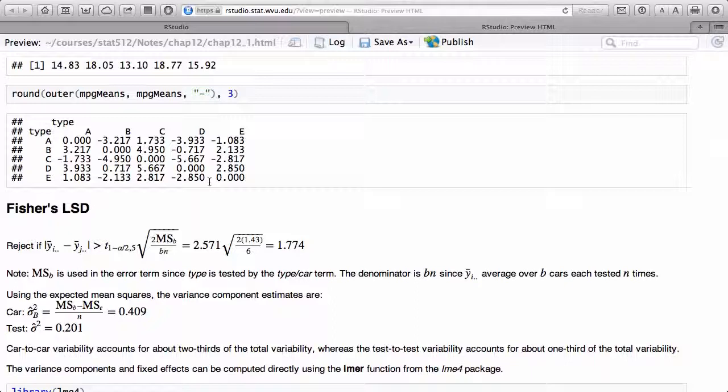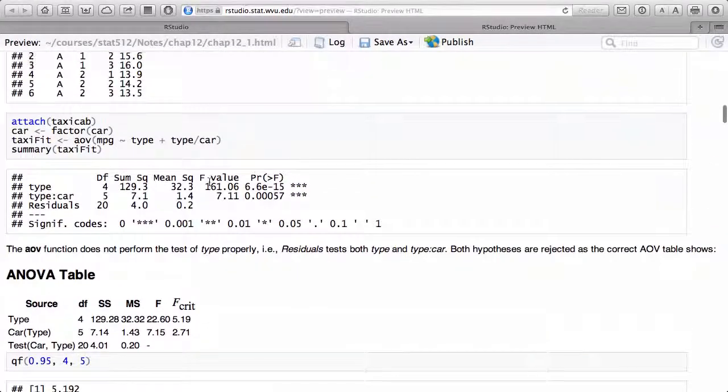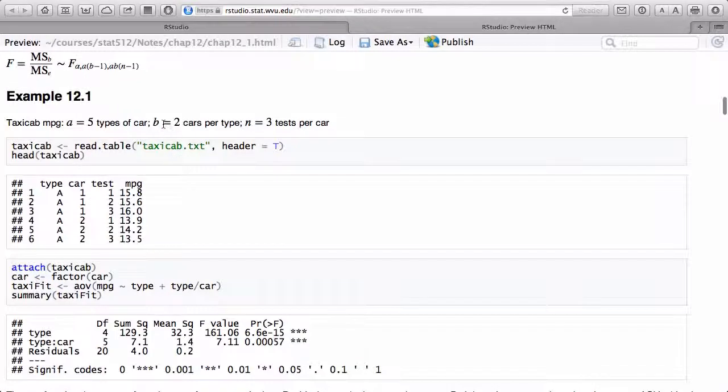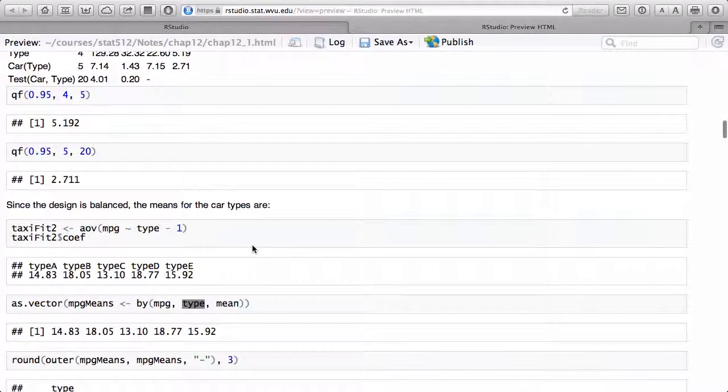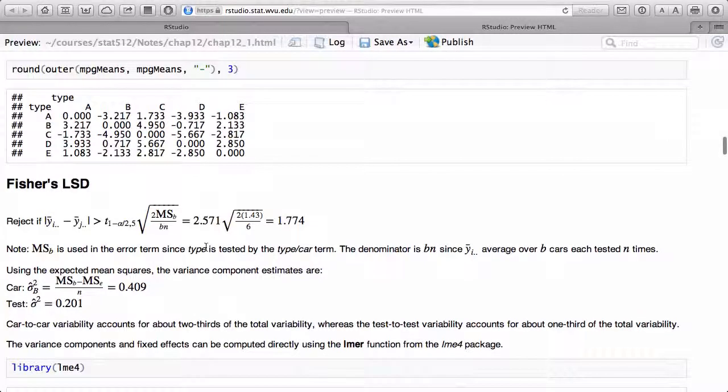So each mean is averaged over B times n things. In other words, for y bar 1 dot dot, how many things am I averaging over? In this particular example, there are B cars per type, and n equals 3 tests per car. So I'm averaging over 6 things for each mean for each of the 5 treatments. So that's where the 6 comes from.